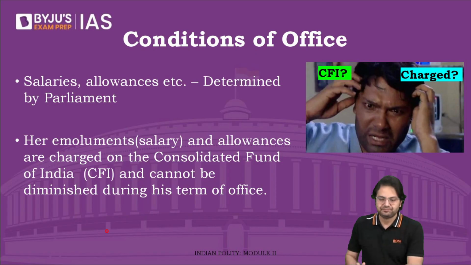So when you are charging the money from CFI, whatever salary, whatever allowance is paid to the president when they enter the office, they will be paid the same allowance, the same salary, if possible more, but not less. Right? You can never reduce the salary of the president or the allowance of the president while they are holding the post.